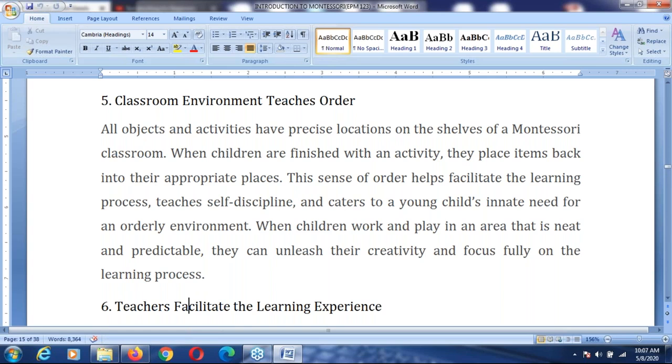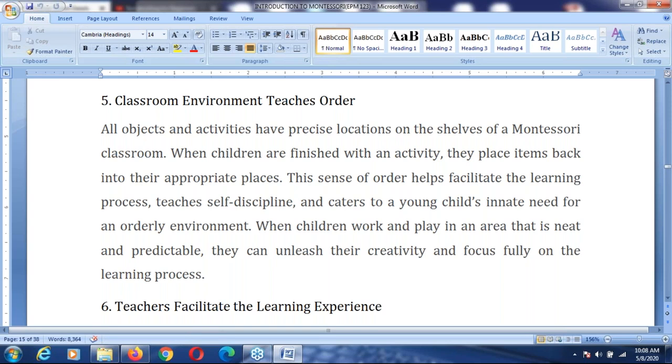Of course, they follow in the same footsteps of the teacher. When they finish, they move back to the same shelf and return it the same way they found it. It is inculcating that spirit of orderliness in them. So that is another benefit of Montessori education.